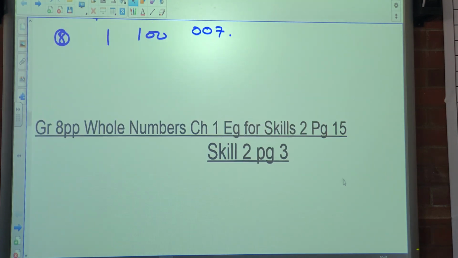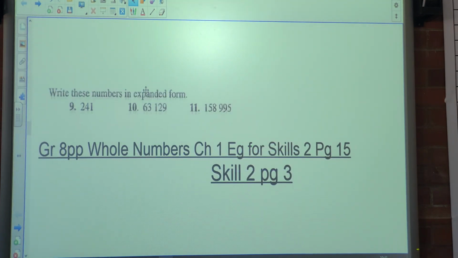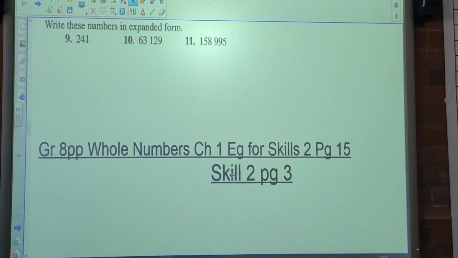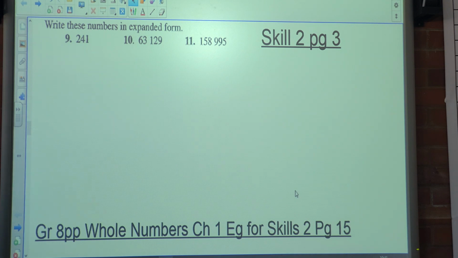So let's look at the next question. Write these numbers in expanded form. All of this you have done last year, not so? Now there are 2 ways. I think the textbook gives you 1 way.